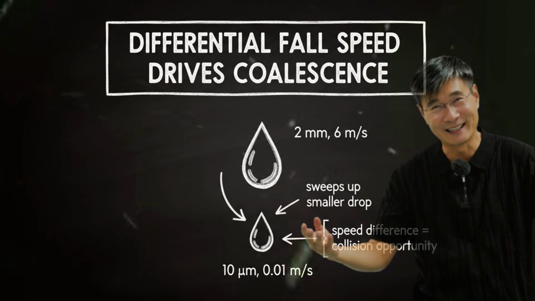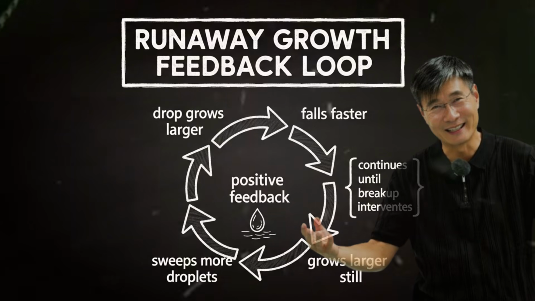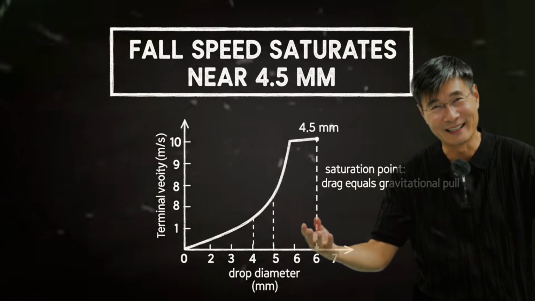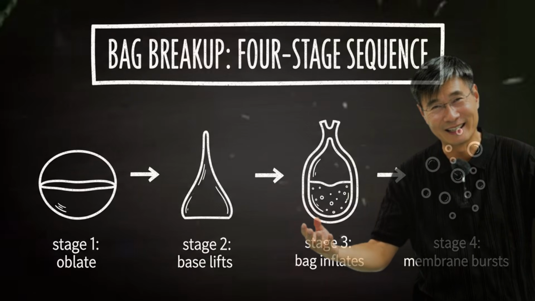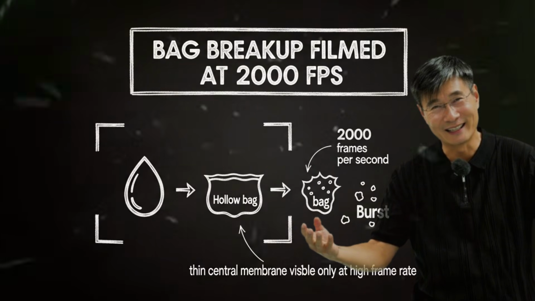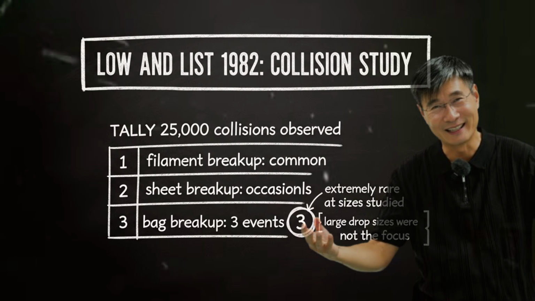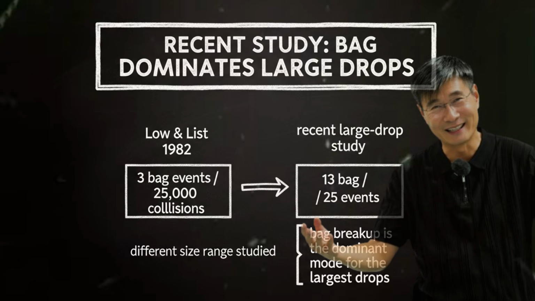Fragment-sized distributions from each breakup mode are described by empirical functions fitted to laboratory data, not derived from fluid equations. Coalescence efficiency is tabulated from experiment, not computed from first principles. The stochastic coalescence equation governing how the full drop population evolves has clean solutions only in simplified limiting cases.